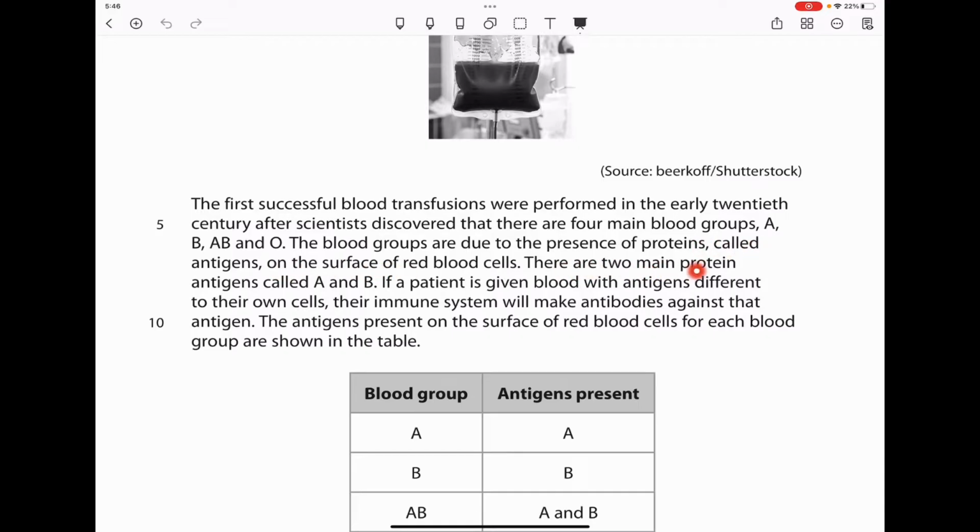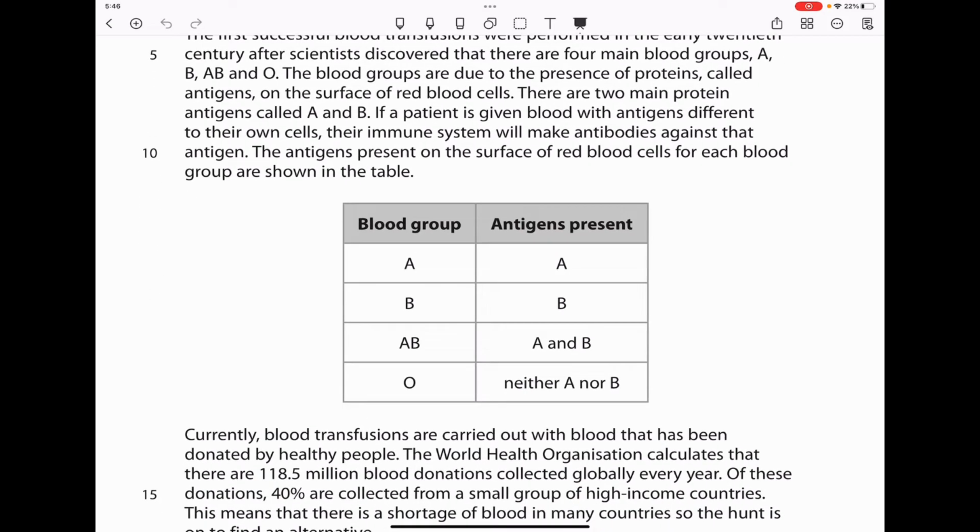There are 2 main protein antigens called A and B. If a patient is given blood with antigens different to their own cells, their immune system will make antibodies against the antigen. The antigens present on the surface of red blood cells for each blood group are shown in the table. So we have the blood groups here and their corresponding antigens.